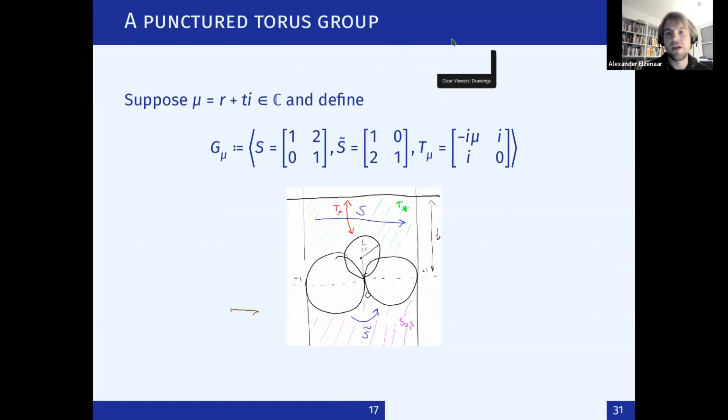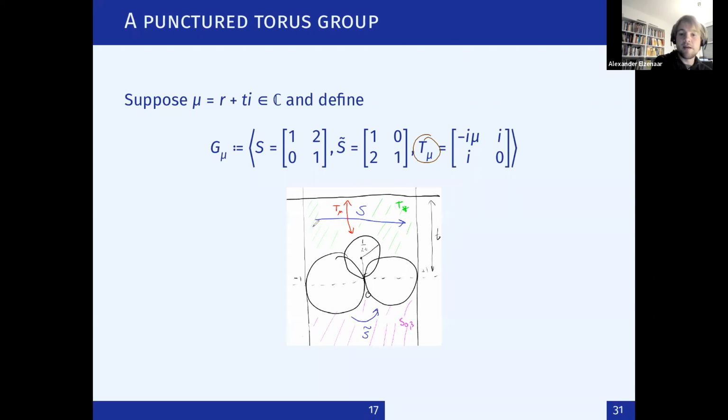I'll give you a picture in a minute, but I want to give you a concrete example. So I take this group with 3 generators. This is actually redundant, so this conjugates S to S tilde and back, but the tiling has 6 sides, so if I want to give an edge pairing, I should give 3 generators. So here's the tiling of the complex sphere.